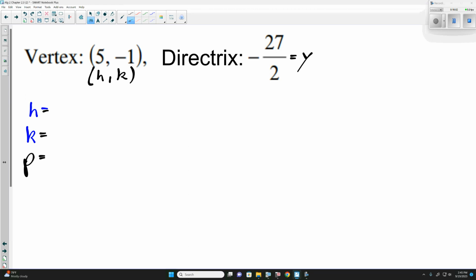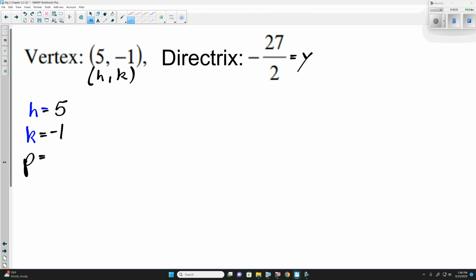Since we have the vertex, the value of h is 5 and the value of k is -1. It doesn't matter which equation we have, the vertex is h comma k. Yes? Now we need to determine which equation we're going to be using.